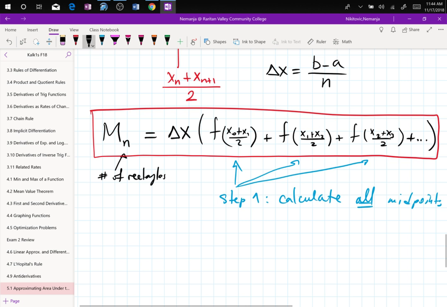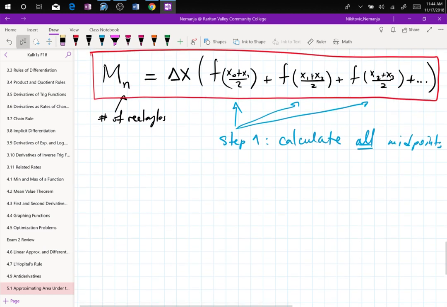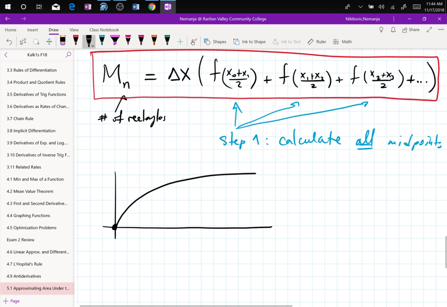So let's do that. Let's say you have a square root function and you want to calculate from 3 to 6.